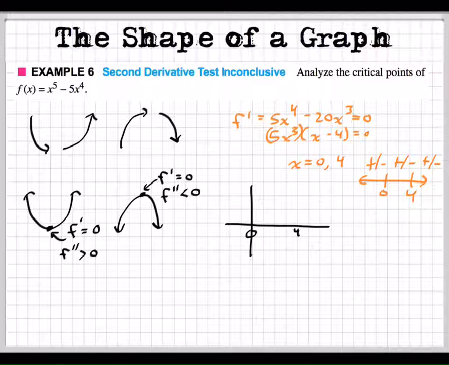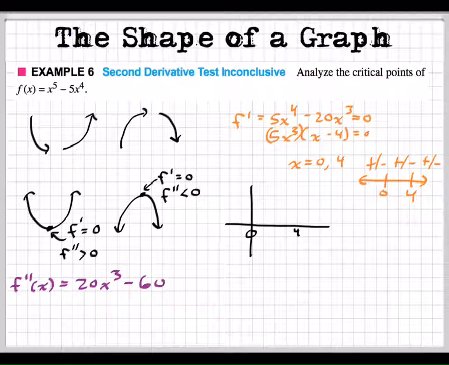So let's take our second derivative. The second derivative of f of x, we got 20x to the 3rd minus 60x squared. Okay, what happens if we plug in 0? We plug in 0 to f double prime, we get 0. What happens when we plug in 4? Oh, it's a big number, huh?